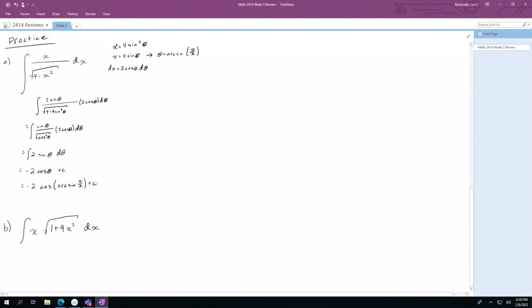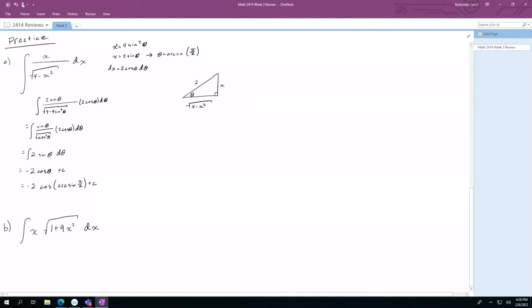But of course, we never want to leave it in this form, so let's go ahead and draw out our triangle. We know that theta is equivalent to the arc sine of x over 2. So in this case, our sine gives us that x is our opposite, 2 is our hypotenuse, which means that we have the square root of 4 minus x squared. Again, this matches the square root we have in our original equation.